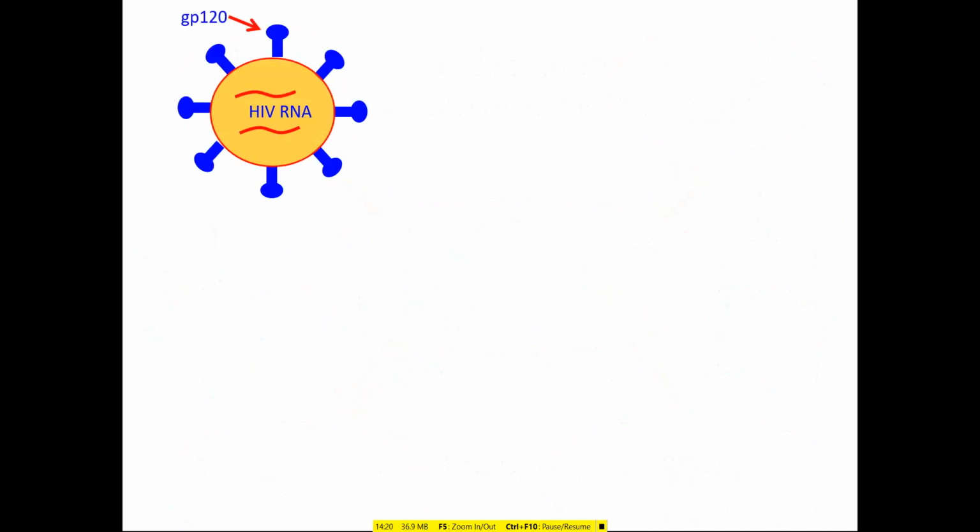So mutations happen in a lot of viruses. A good example is HIV. HIV is a retrovirus. It has an RNA genome, and the target at the surface is this antigen, glycoprotein 120. So antibodies are produced against it, and they can neutralize the virus.